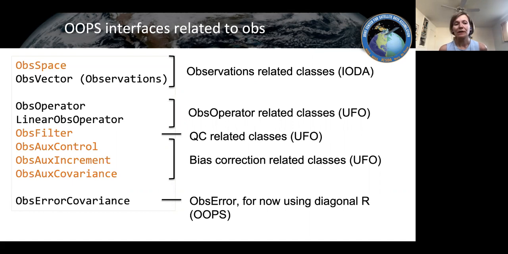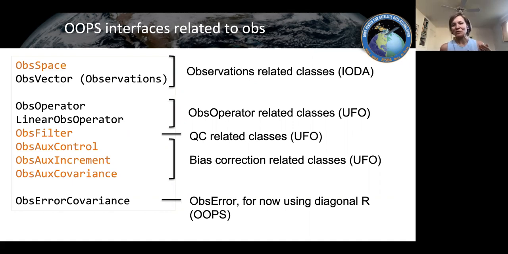Then we have observation operator, QC, and bias correction related classes. Again, interfaces will be in OOPS, but the implementations, in this case, would be in the UFO repository, Unified Forward Operator. And then we have the observation error class, the ObsErrorCovariance. We currently only have one implementation for the observation error covariances. We can only use the diagonal covariances, but this can be extended.